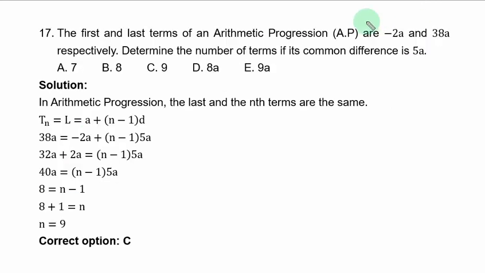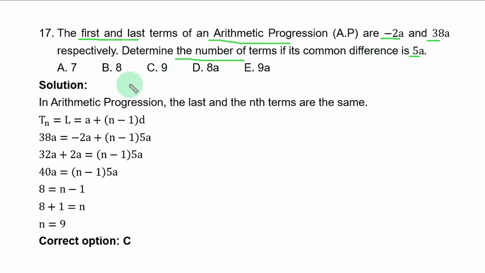Question 17. The first and last terms of an arithmetic progression are minus 2a and 38a respectively. Determine the number of terms if its common difference is 5a. Solution.